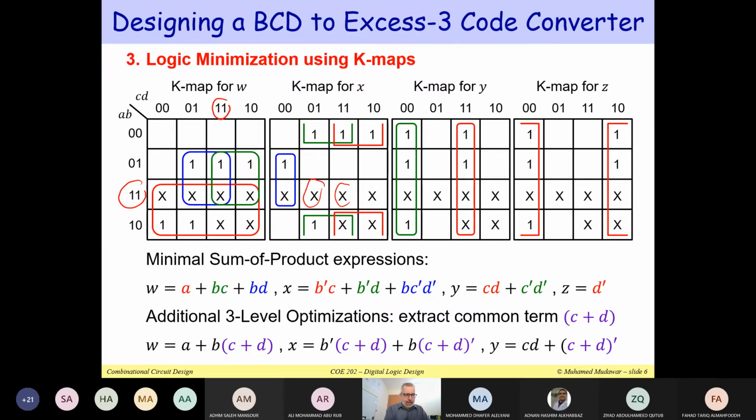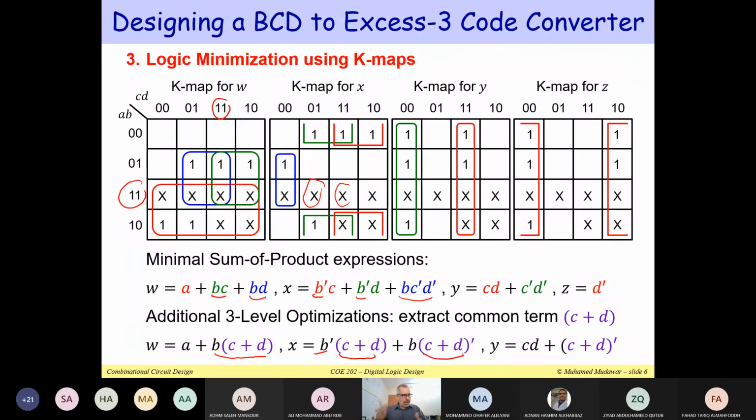Now notice that here we have BC, BD. So I can write it as B and (C or D). The reason why I'm doing it is that here I also have B'C, B'D. So I can write it as B' and (C or D). So I can extract common terms using the properties of Boolean algebra. Also here, notice that this is BC'D', but C'D' is the complement of (C or D).